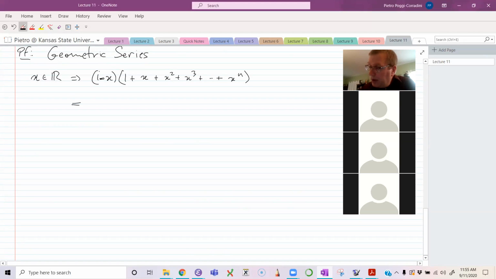Okay, so what happens when you distribute the 1? You end up just copying the sum, and then when you distribute the negative x times 1, negative x times x, all the way to the last one, which is negative x times x to the n, so that's negative x to the n plus 1.